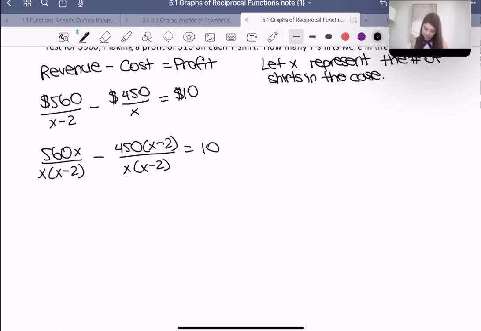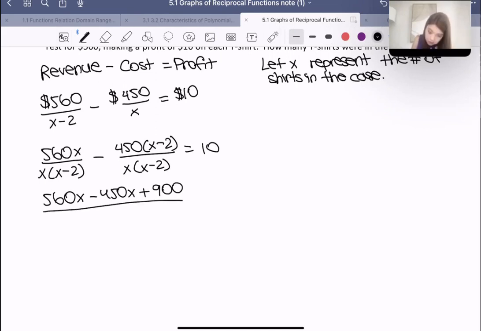Good. Okay. So next we have 560x minus 450x plus 900 over x times x minus 2 is equal to 10.